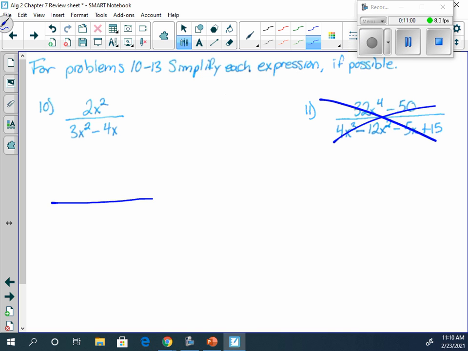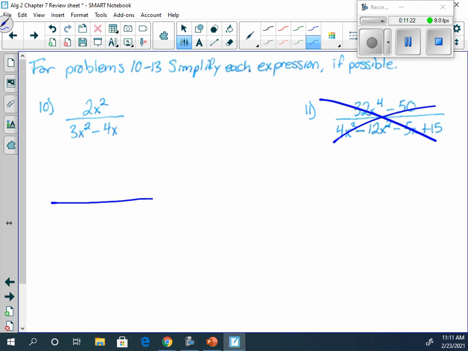I started working on number 11 first hour, but we're not going to look at it mainly because there's nothing of that complexity or problem like that that shows up on the test. I'm not going to make you do factoring by grouping or the perfect squares. That's 32x to the fourth minus 50, a difference of perfect squares.